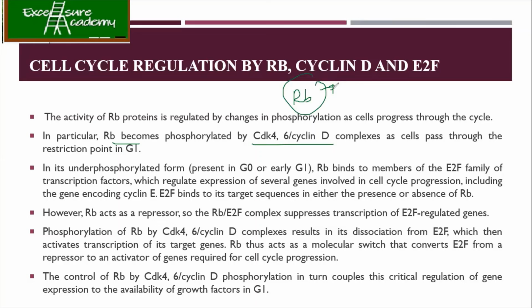Clear? Now, in its underphosphorylated form, it binds to the E2F family of transcription factors, which regulate expression of several genes involved in cell cycle progression, including the gene encoding cyclin E. E2F binds to its target sequences either in the presence or absence of RB. If there is no phosphorylation, then RB binds to E2F.